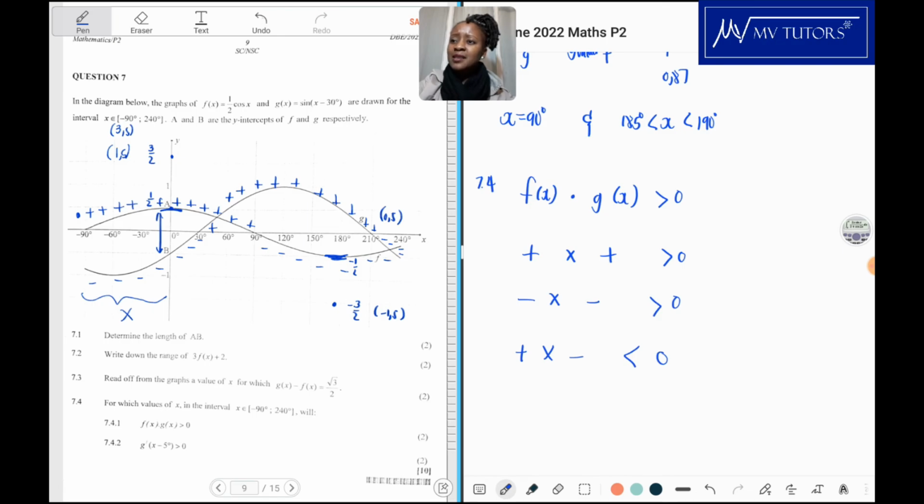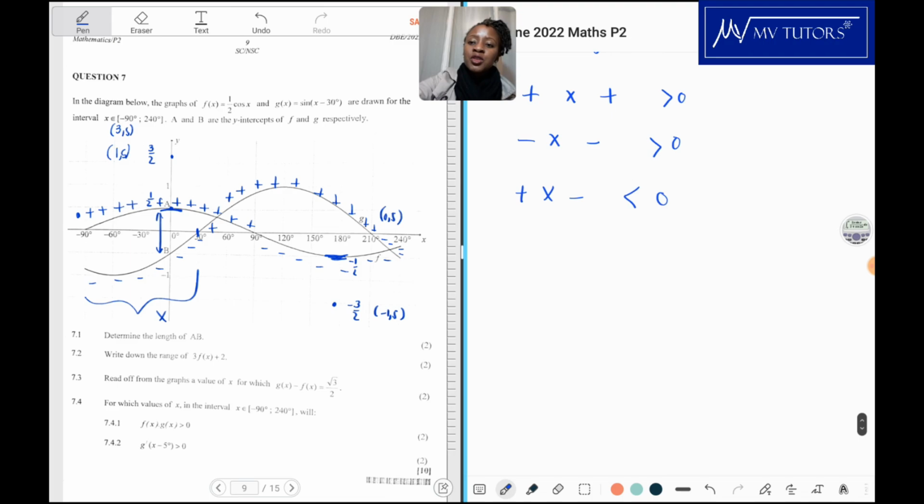Actually, let's say from this point where they intersect, we don't have a solution. Okay, no, I'm lying. Up until 30 degrees, we don't have a solution because you have positive values for F and negative values for G. But when you get to 30, you have 0 for G, and you have positive for F.